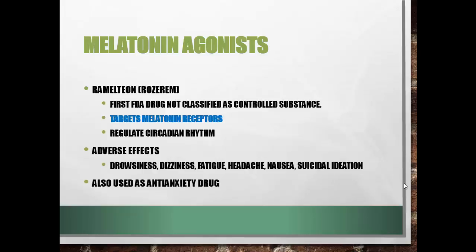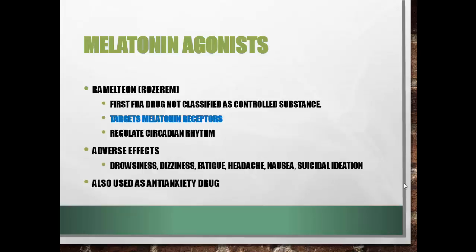Melatonin agonists are another class of medication that are used for sleep, and there's only one that I'm aware of that is currently approved by the FDA for use for sleep, and that is ramelteon, or Rozerem. As an agonist, it targets melatonin receptors.